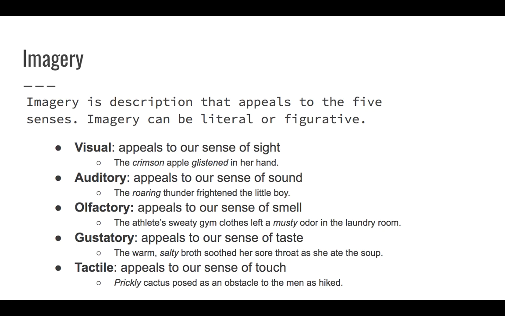You can kind of taste it as you read. Tactile appeals to our sense of touch. The prickly cactus posed an obstacle to the men as they hiked. We can imagine what a prickly cactus would feel like as we're reading. Again, imagery can be literal or figurative, and for this assignment, you don't need to differentiate between if something is literal or figurative.